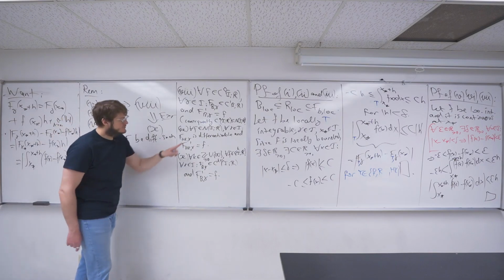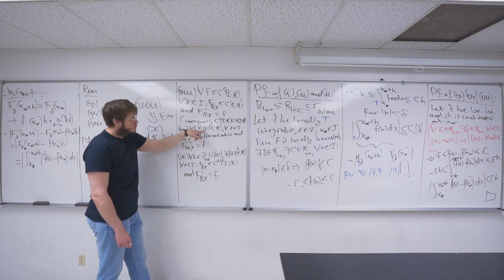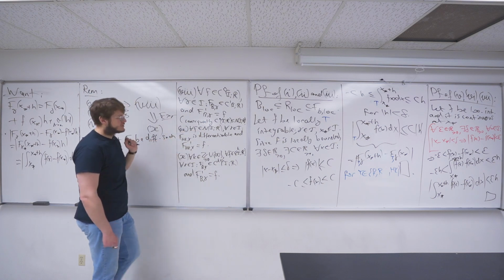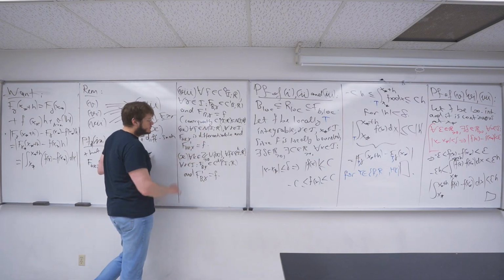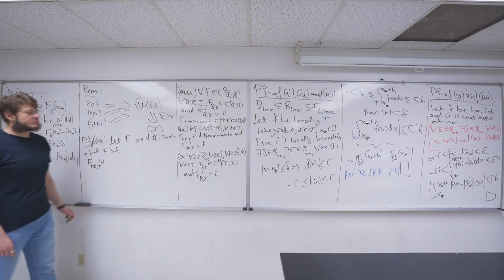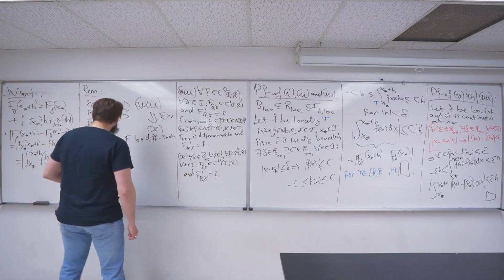I should also remind you that from FTC1, we showed that Newton integrability implies HK integrability. So because I start with a Newton integrable function, I can safely think about this HK cocycle, but not necessarily a Riemann cocycle. That may not exist in general. But this always exists by FTC1.